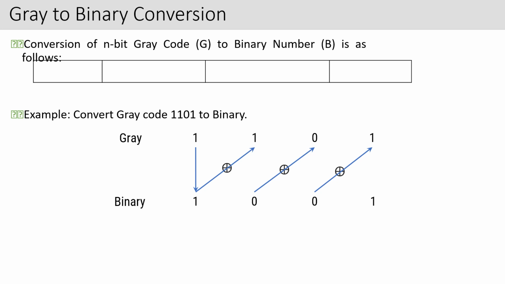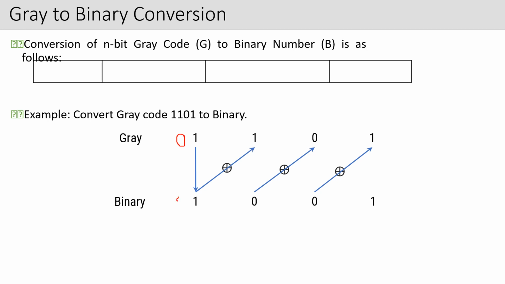But how to write down the first number? The first number will be same as the first number you just copied. Had it been 0 here, suppose this would have been 0, instead of 1, what would you write here in binary? You would write 0.